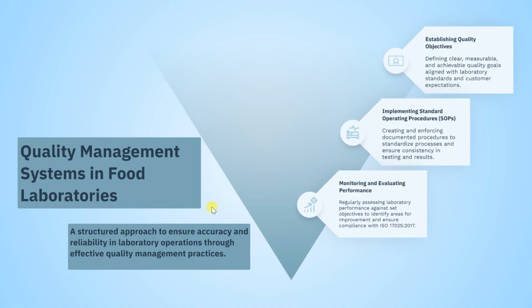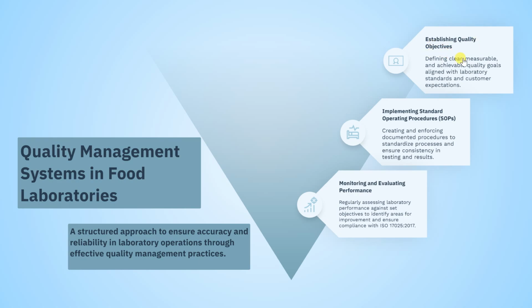Now, quality management system in food laboratories involves what and what? This is a structured approach to ensure accuracy and reliability in laboratory operations through effective quality management practices. From bottom to up, we have monitoring and evaluating performance. Second, implementing standard operating procedures, which we often call SOPs. And the last, establishing quality objectives.